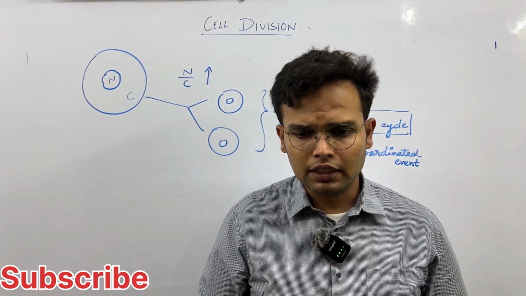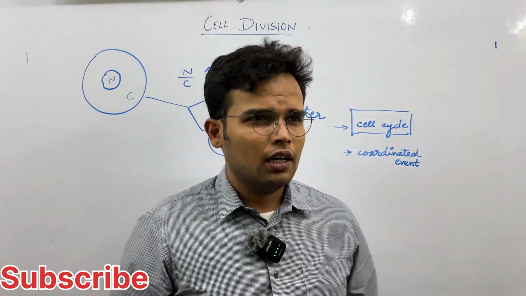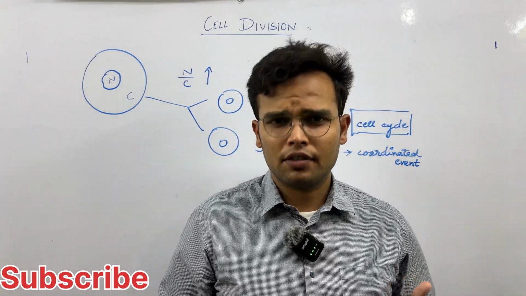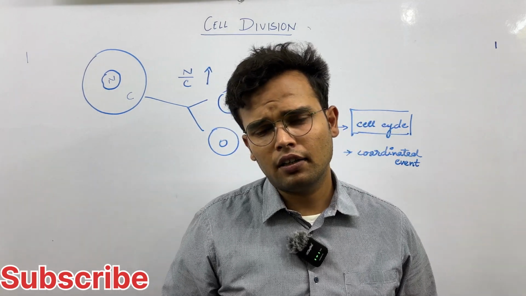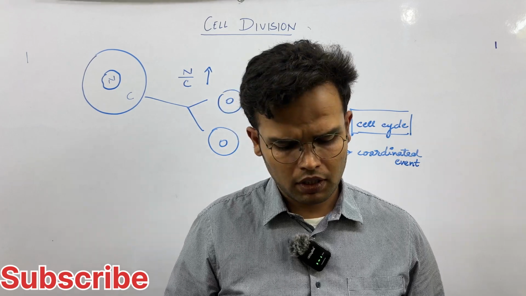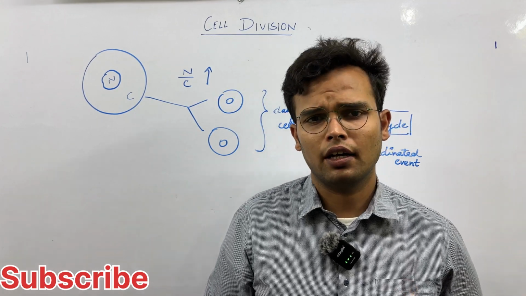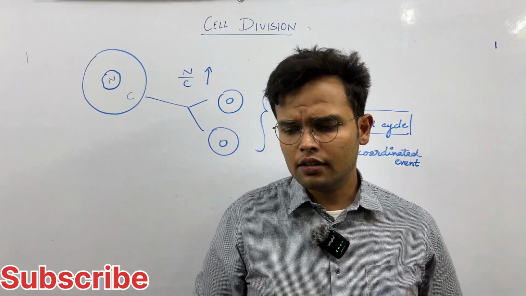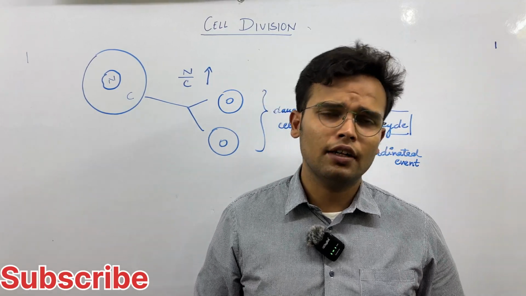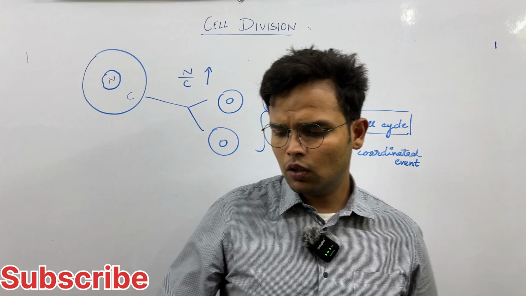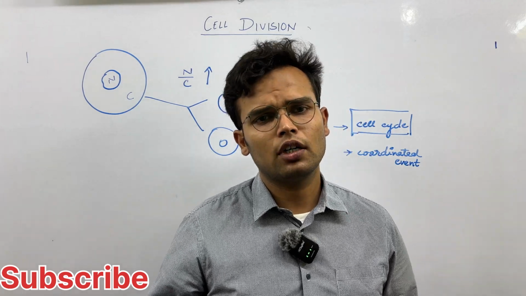There are some specific examples given in NCERT: a mammalian cell takes approximately 24 hours to divide itself, a yeast cell requires only 90 minutes, and E. coli requires only 20 minutes.